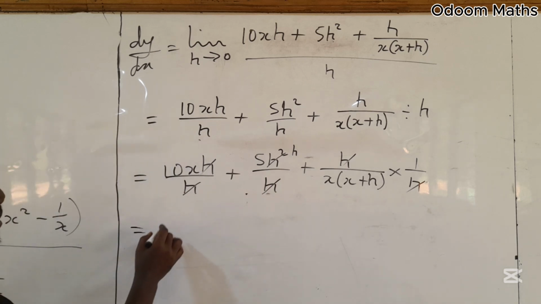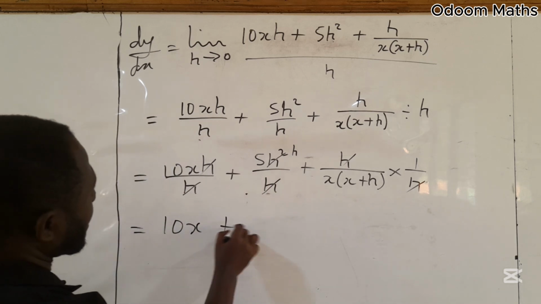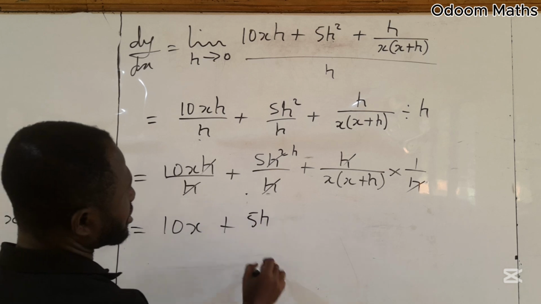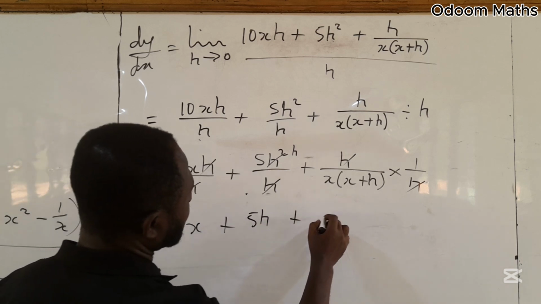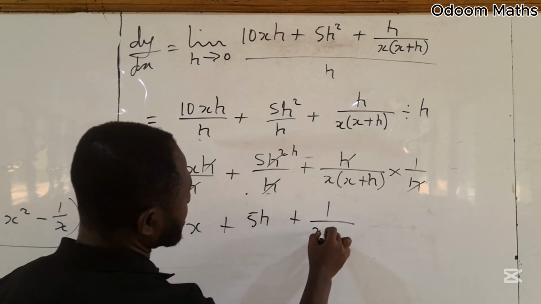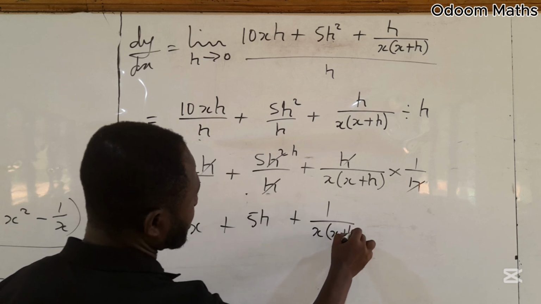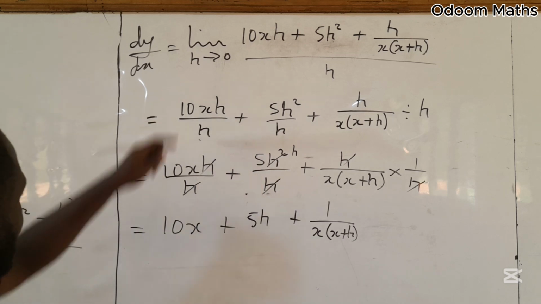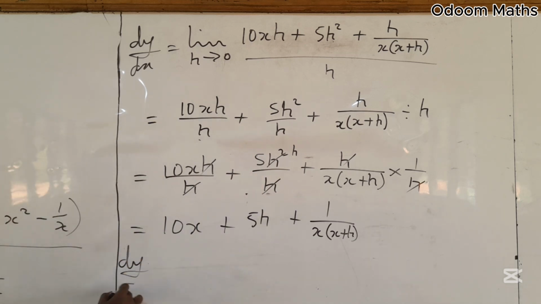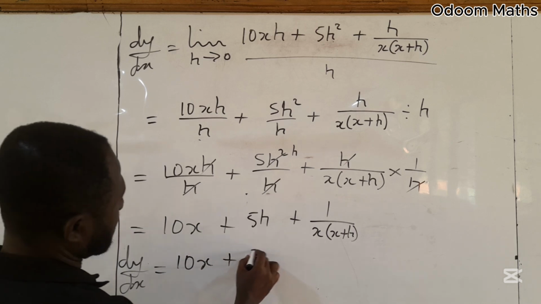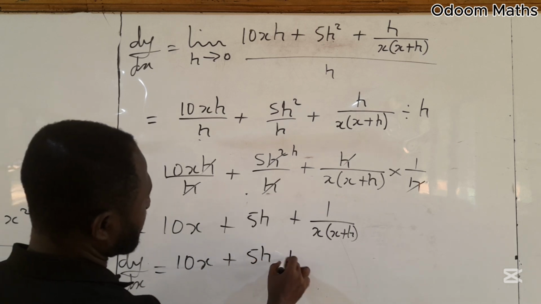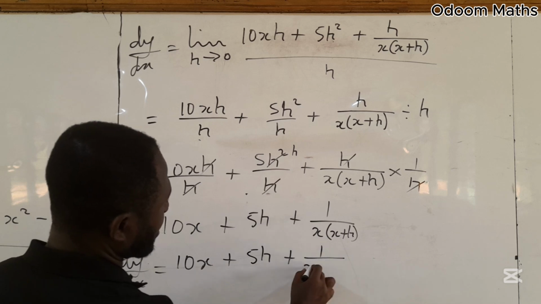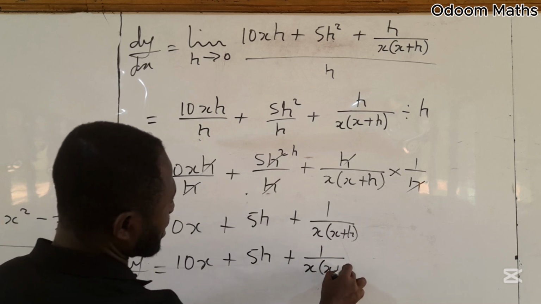So we have 10x plus 5h plus 1 over x into bracket x plus h. Now let me bring the limit. So dy dx becomes 10x plus 5h plus 1 over x into bracket x plus h.